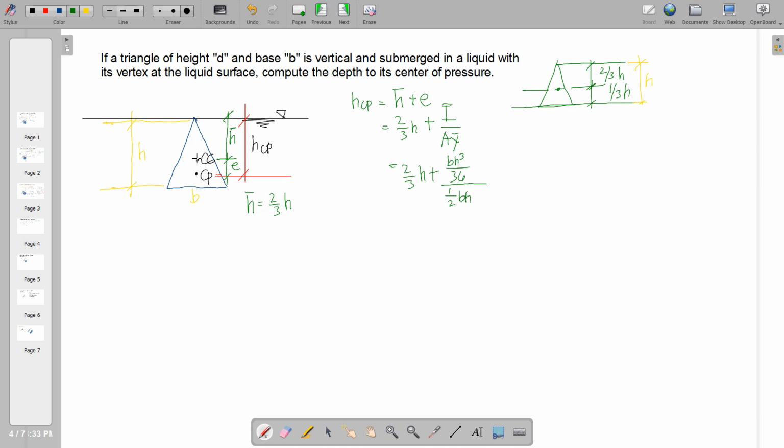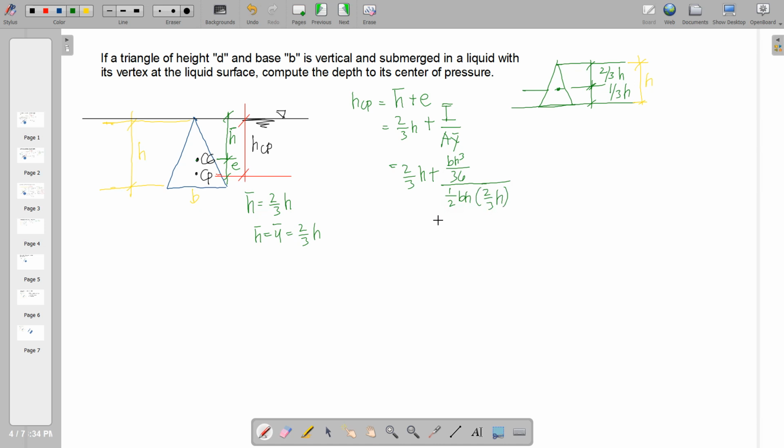So Y bar is from the centroid up to the liquid surface along the body, and the body here is vertical. Hence, H bar will be just equal to Y bar, equal to 2/3 of H.